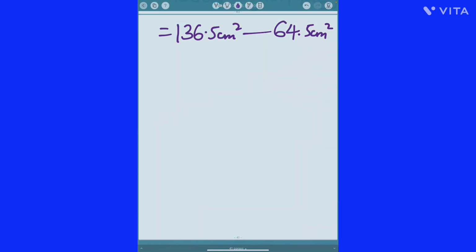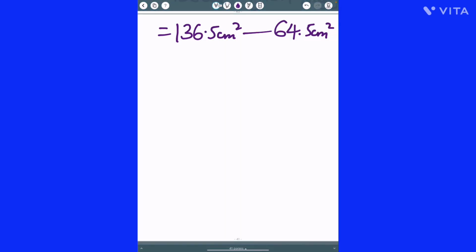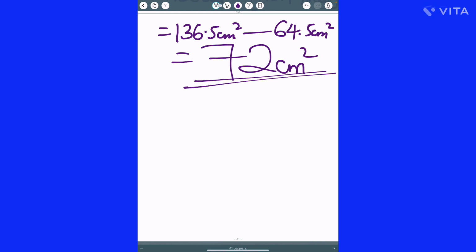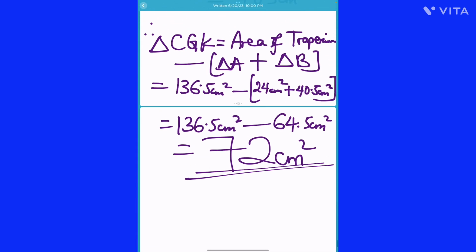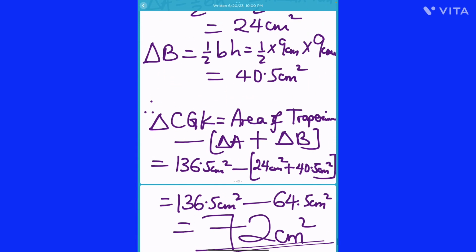So that gives 136.5 centimeters squared minus 24 plus 40, 64.5 centimeters squared. Take note of that addition. 136.5 minus 64.5. That gives what? 72 centimeters squared. So the area of triangle CGK is what? 72 centimeters squared.